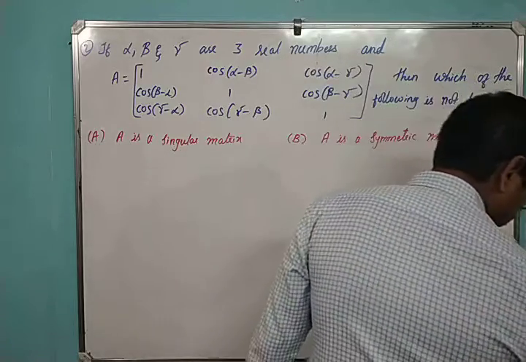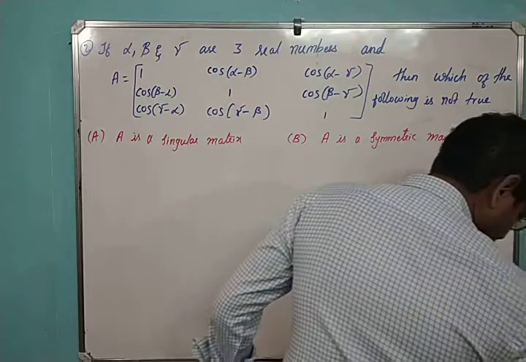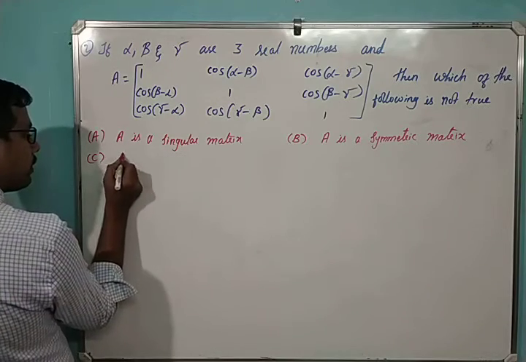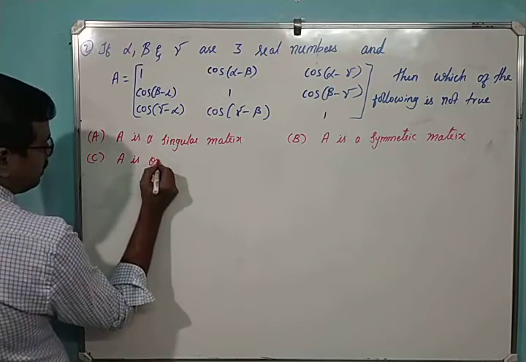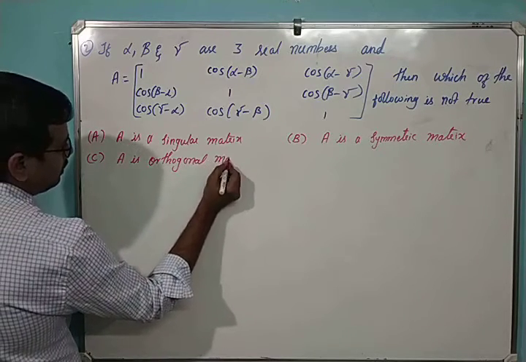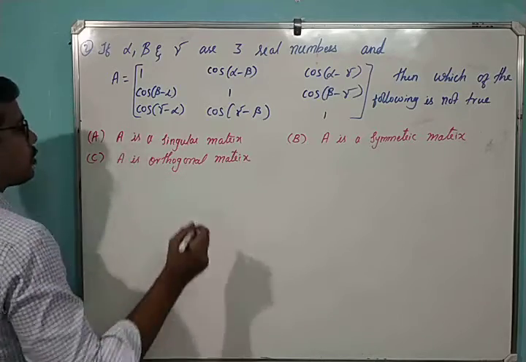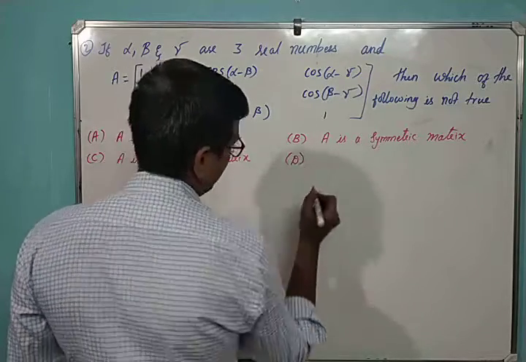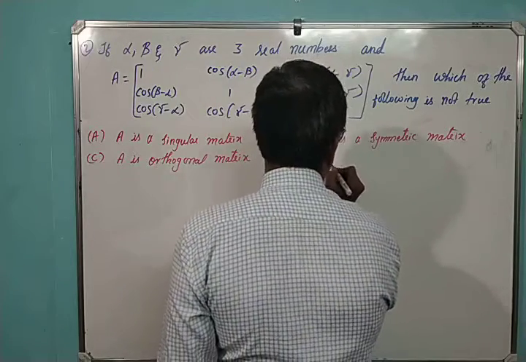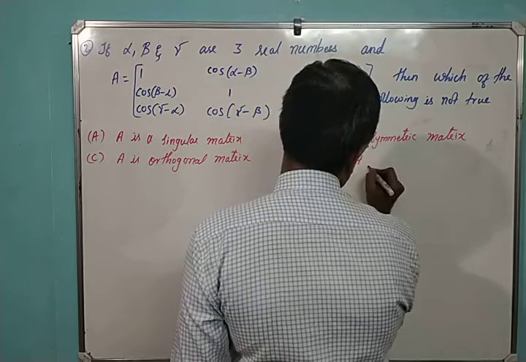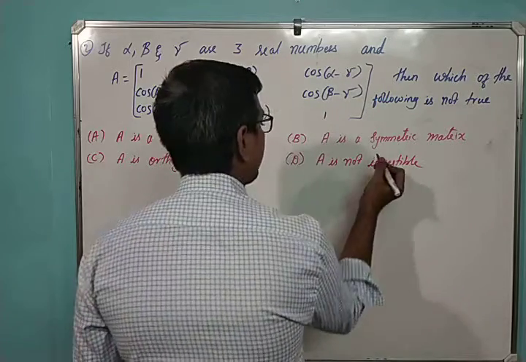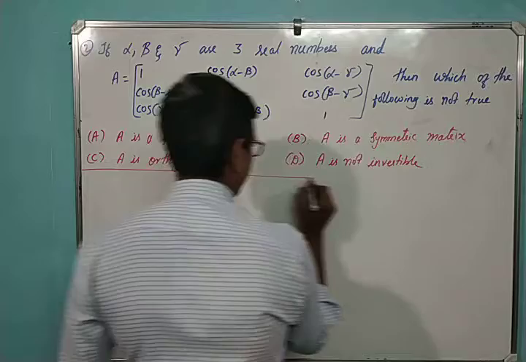Third one: A is an orthogonal matrix. D: A is not invertible.